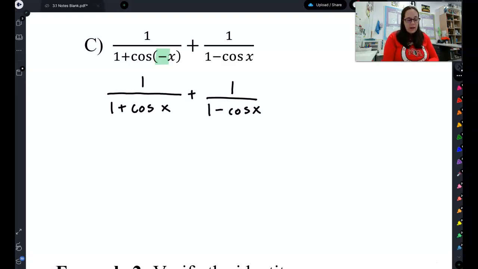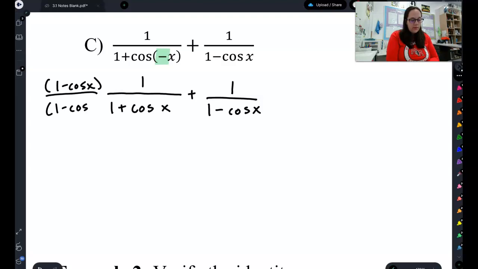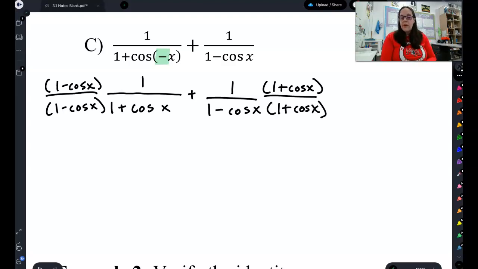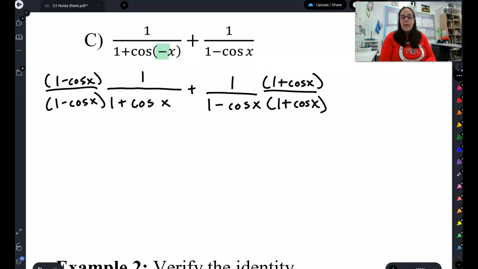Now, to combine these, you're going to need to find a common denominator. So now our denominator is common and we can simplify the numerator. So with that beginning hint, I'd like you to pause the video right here and try to finish simplifying this one out by multiplying everything you can, simplifying, and see how simple it can go.